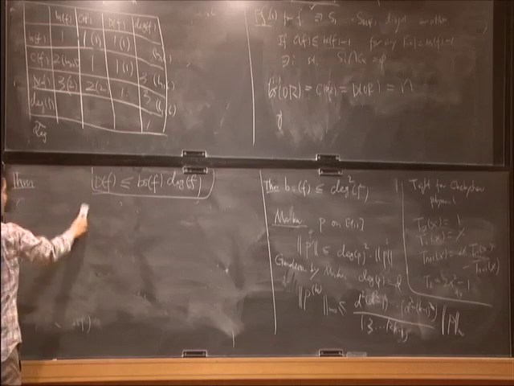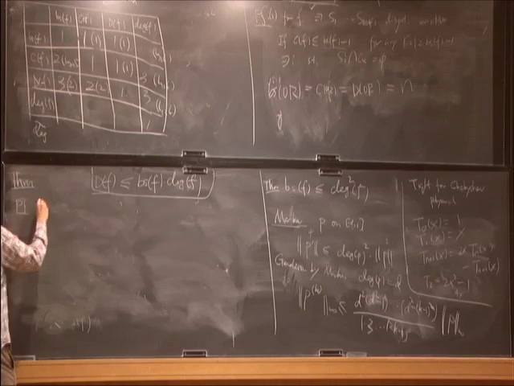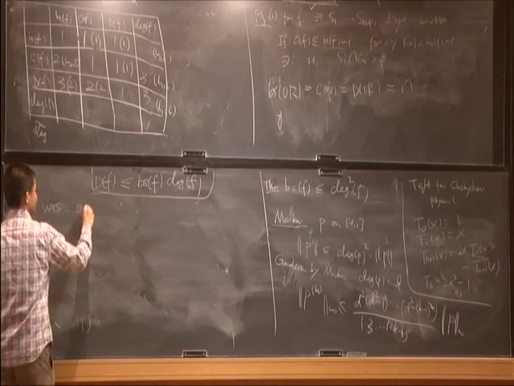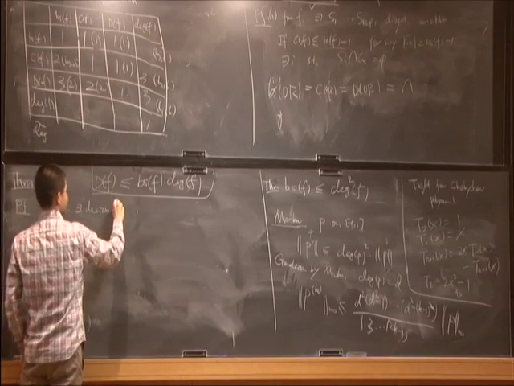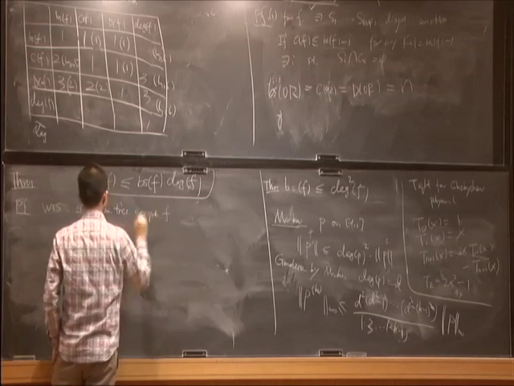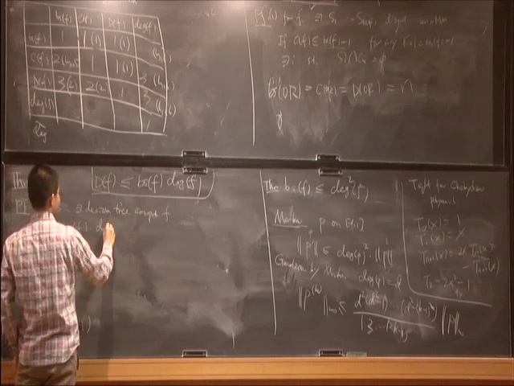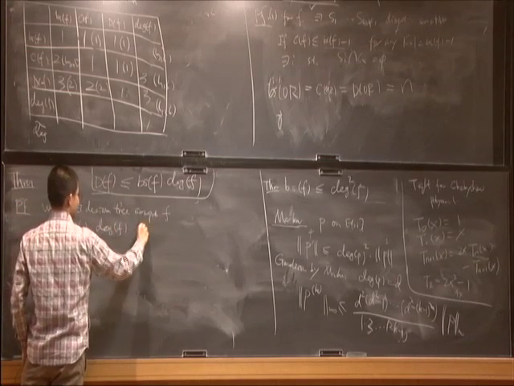So basically I want to show that there exists a decision tree that computes f in block sensitivity times the degree steps.